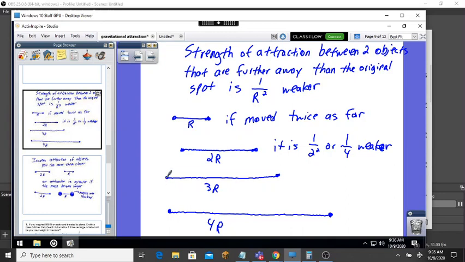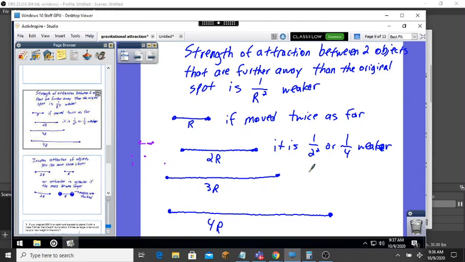So if an object was originally here and it was moved 3 times as far away, picture magnets, right? The closer the magnets are, the more they're going to get stuck together. So how do we measure how much weaker the attraction is between a magnet from here and here? It's not going to be 3 times weaker.